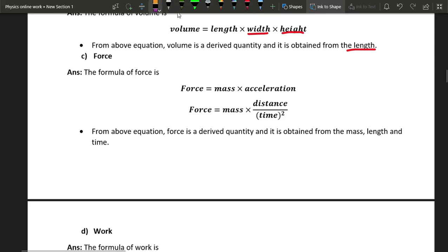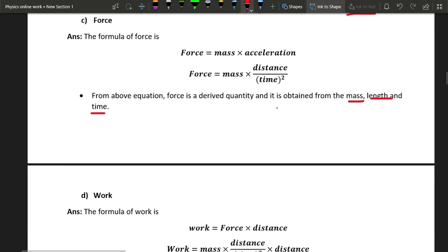So we convert this acceleration. Now acceleration is defined as distance divided by time square. Now distance is a base, mass is a base, time is a base. So we come to know that force has three base quantities and it is obtained from mass, length and time.